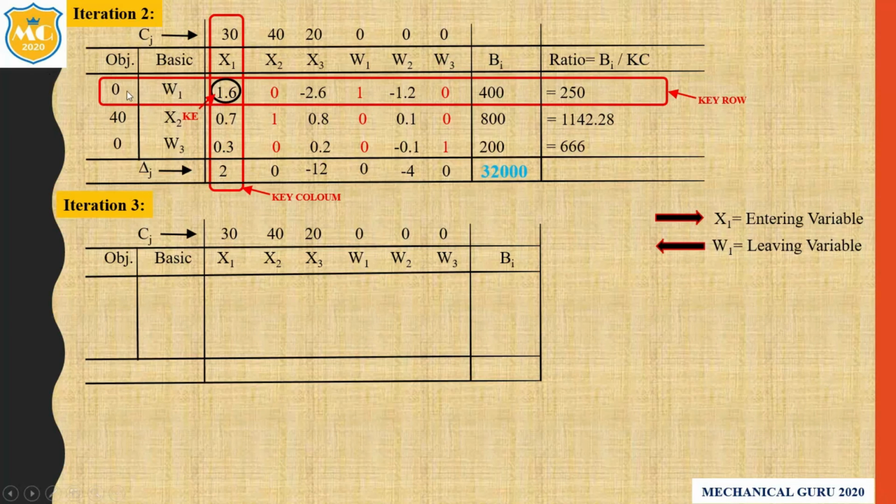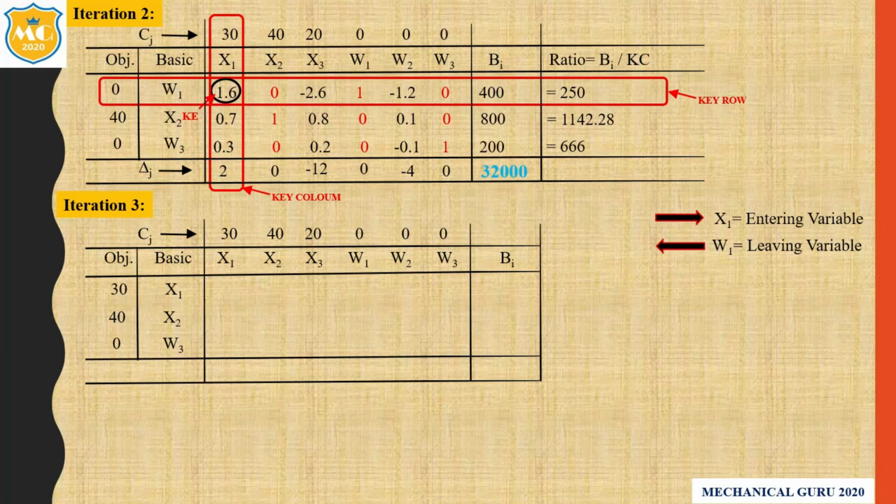So first we have to write down 0 for w1 instead of 30 and x1. The remaining two variables, x2 and w3, stay the same as they are: we write down 40 x2 and 0 w3.